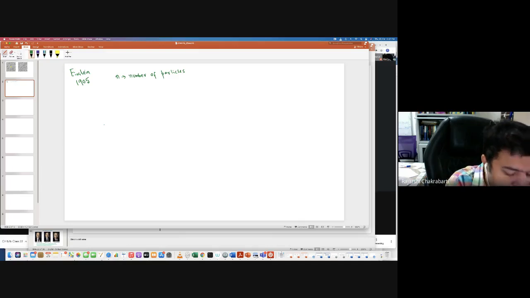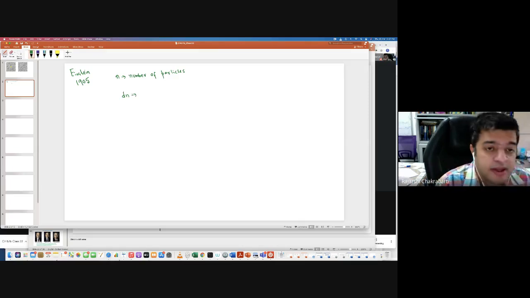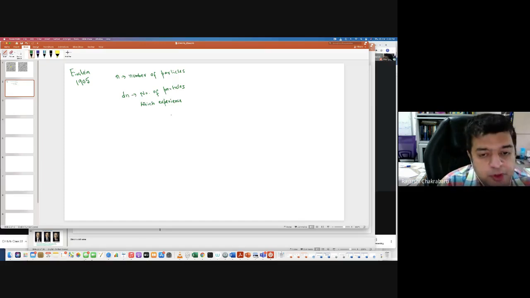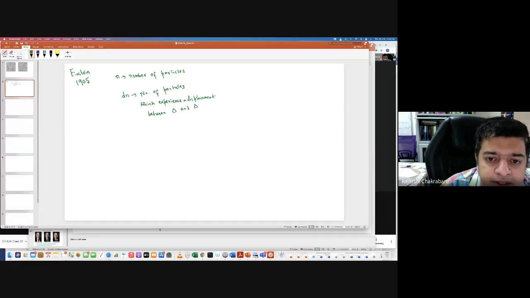And you can also always write, for example, that dn, of course dn is much smaller than n, is a fraction of molecules. dn by n is a fraction. dn is the number of particles, I call it, which experience a displacement between delta and delta plus d delta, in time interval tau.